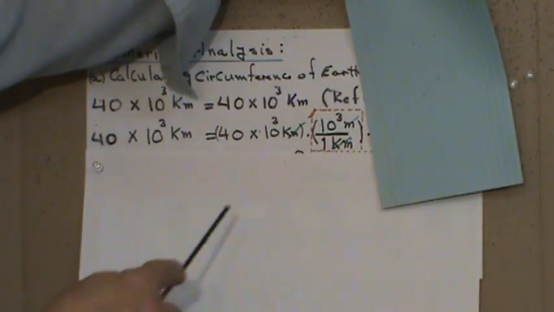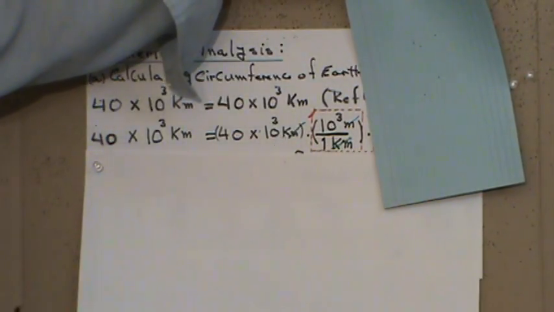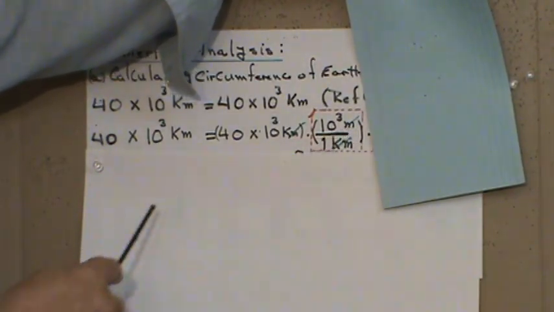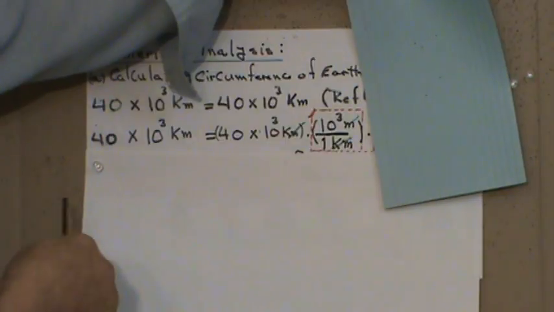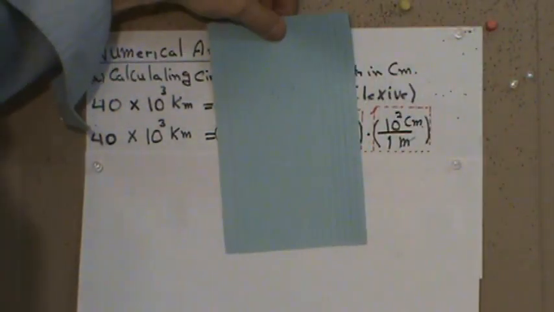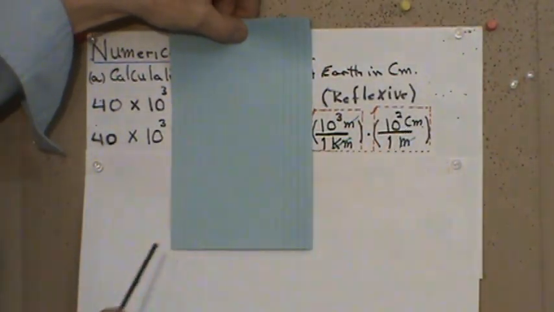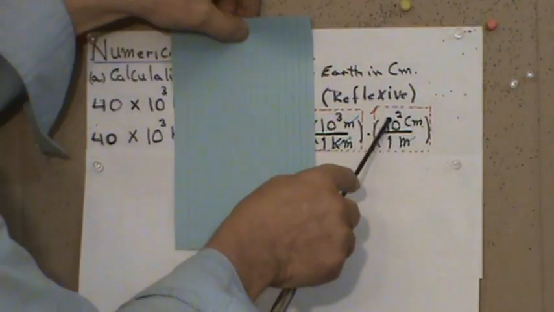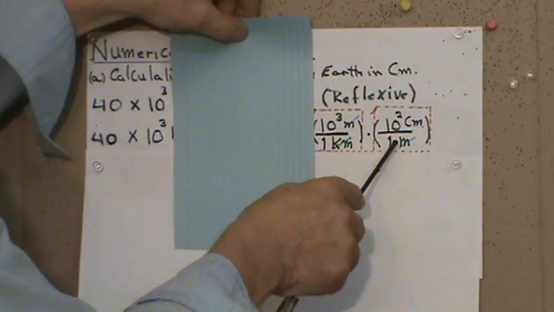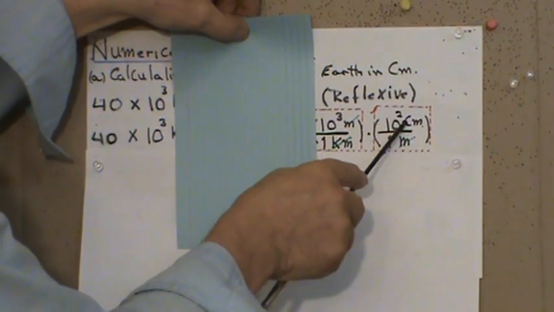But the reason I do that is because look what happens. The kilometer and kilometer cancel each other. Now I'm left with meter. But the purpose is to change it into centimeter. So I go one step further, and the step further that I go is 10 to the 2 centimeter is in 1 meter. Again, this is 1. I'm multiplying by 1. And now look what happens. Meter and meter cancel each other, so I'm left with centimeter.